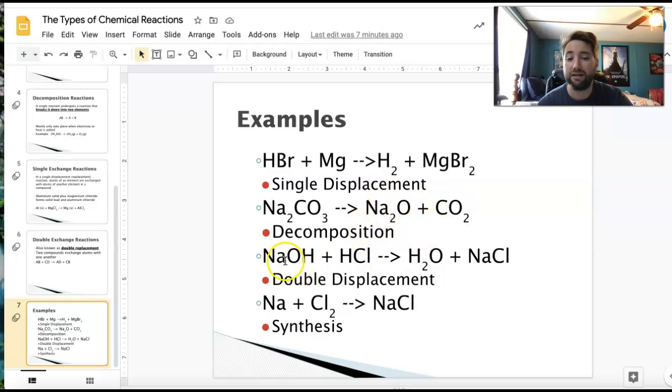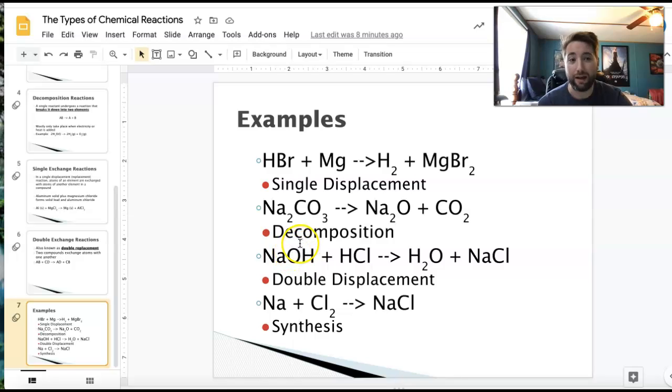All right, and this next one is a little bit tricky, and I'll talk more about why later. We've got NaOH, that's sodium hydroxide, a polyatomic compound, and we're adding that to hydrochloric acid, or HCl. These are both compounds. It's not like the one up above where we just have one element. There are two different compounds here, and they are swapping. The Na goes with the Cl, and the H goes with OH.